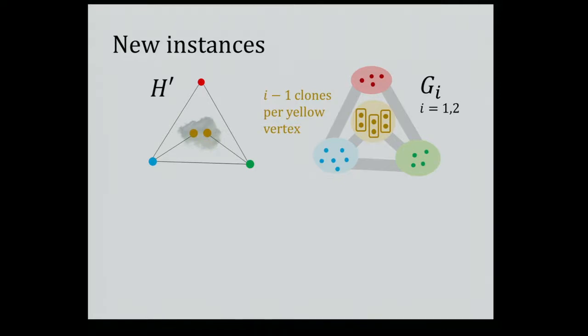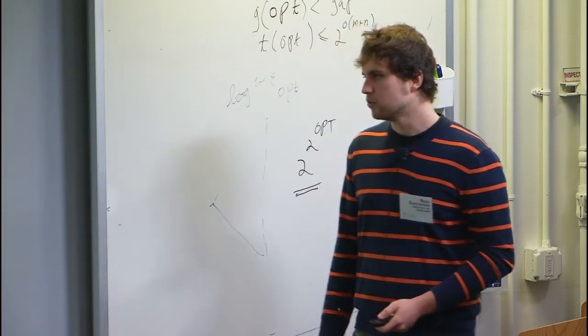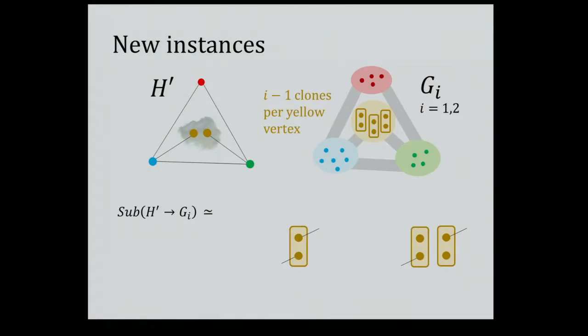And then we can see that the H copies in the graph GI can be partitioned into two types. In the first type, these two yellow vertices, which arise from the explosion, are contained in the same block. And in the second case, they are contained in different blocks.